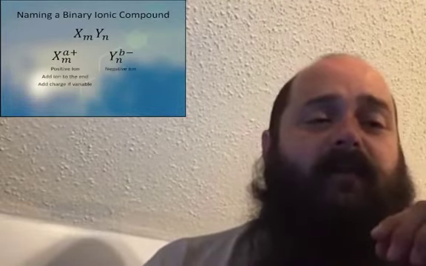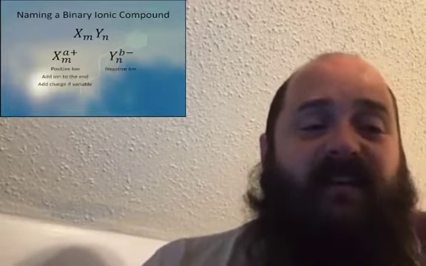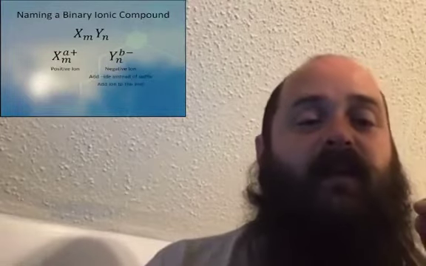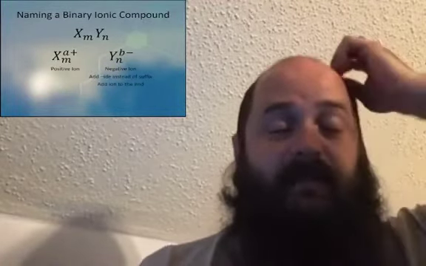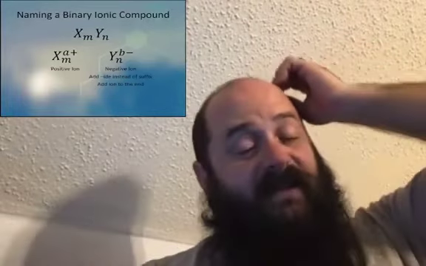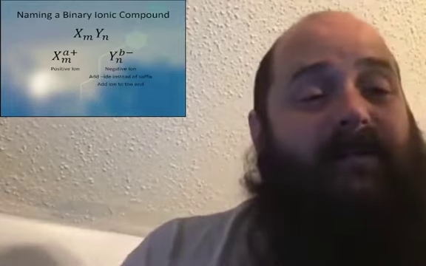Okay, when you name a binary ionic compound, you name the cation and you name the anion. For the cation, you add "ion" to the end of it, and if the charge is variable, you add the charge. For the negative ion, you add -ide instead of the suffix. So, for example, oxygen, the suffix is -gen, so it becomes oxide.